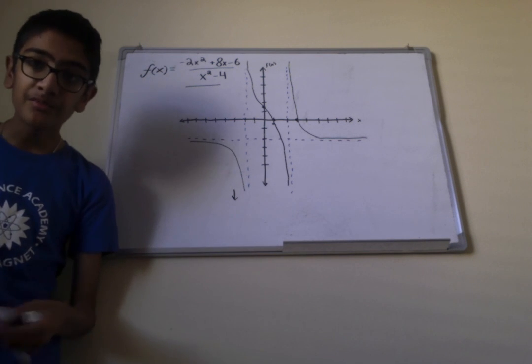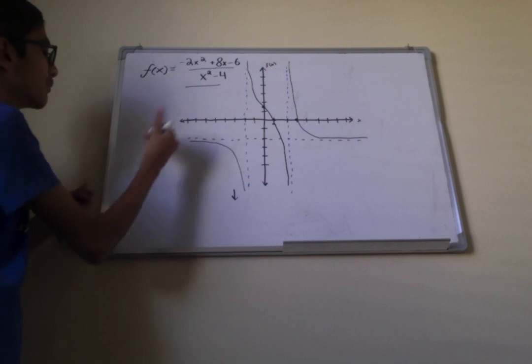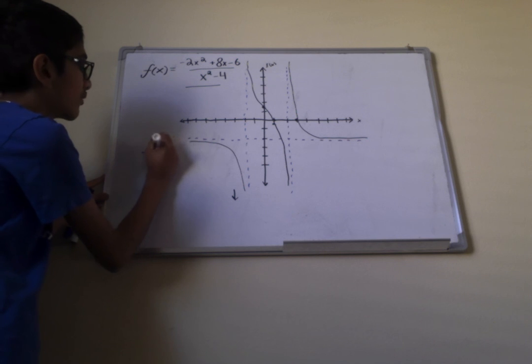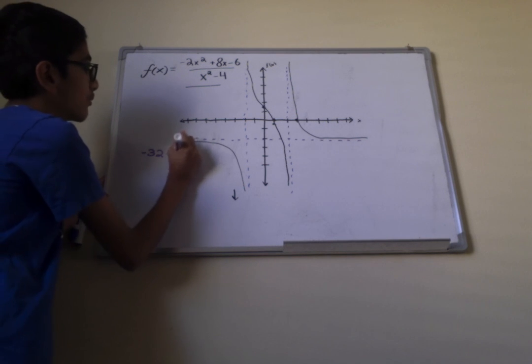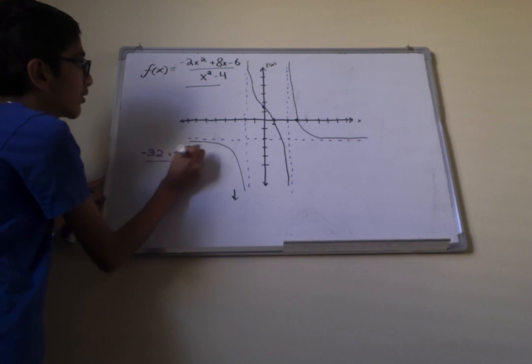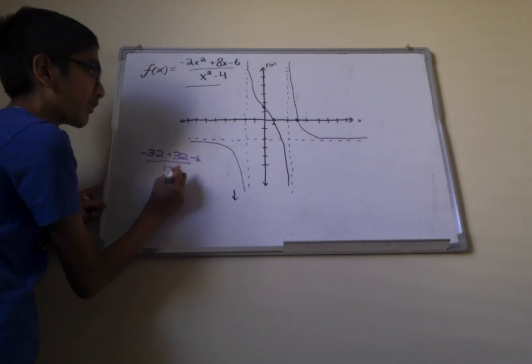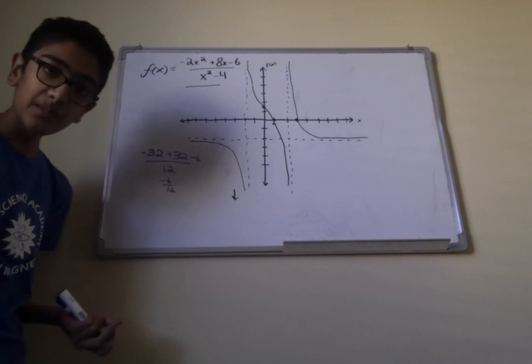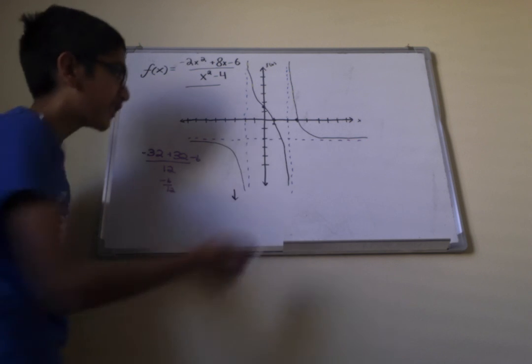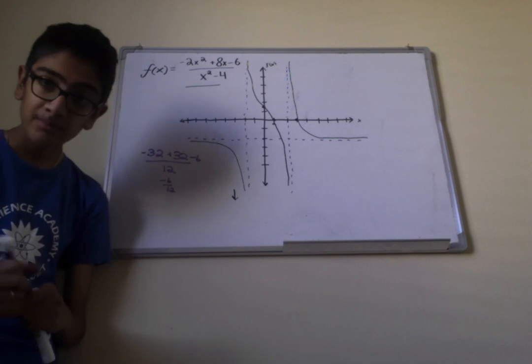So let's do 4. This would be -32 plus 32 minus 6 over 12. So this is -6 over 12, which is -1/2. That makes sense because we have to go down to get to our horizontal asymptote. So I think we did it. We got it right.